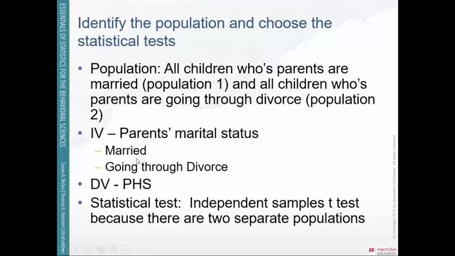The levels are married and going through divorce. And our dependent variable, what we're measuring, is the physical health score. The statistical test is an independent samples t-test because we've got two separate groups and we do not have the same people in each of our samples.